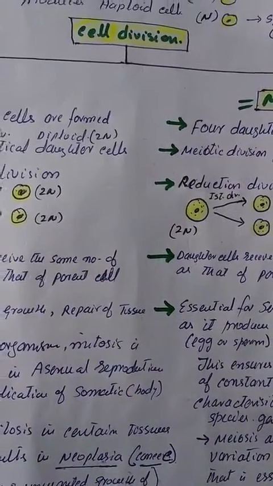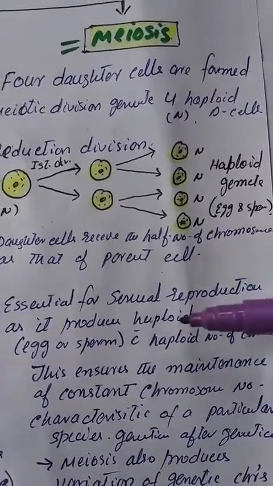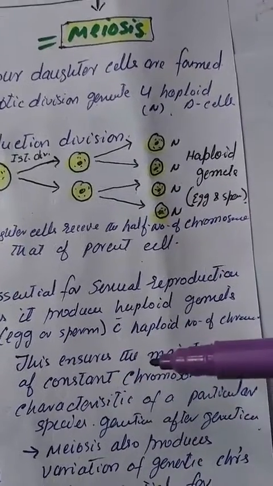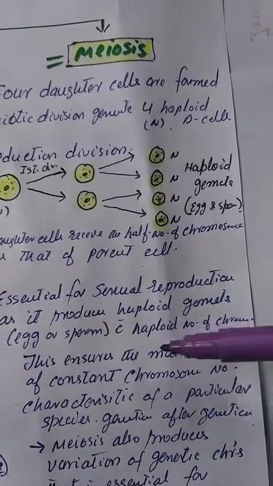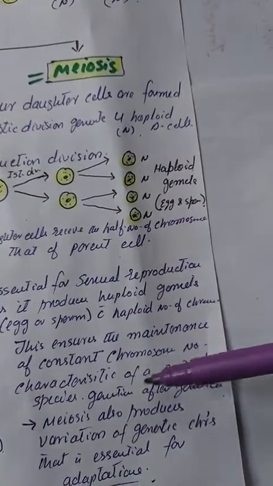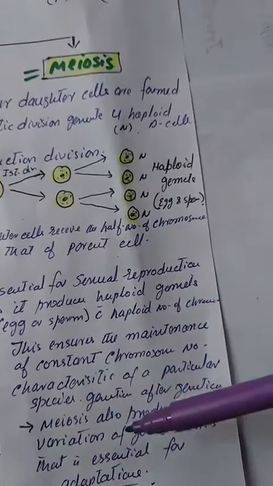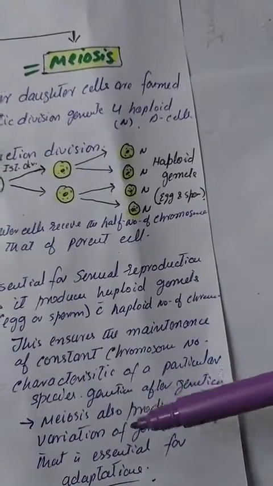Meiosis, on the other hand, is essential for sexual reproduction as it produces haploid gametes, that is eggs or sperm, with the haploid number of chromosomes. This ensures the maintenance of a constant chromosome number that is characteristic of a particular species generation after generation.